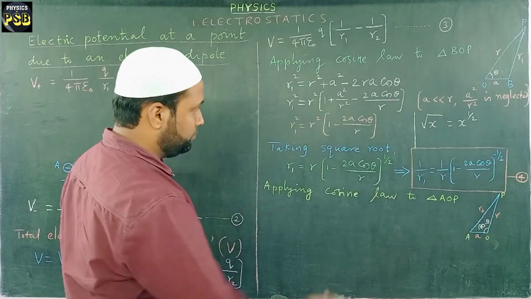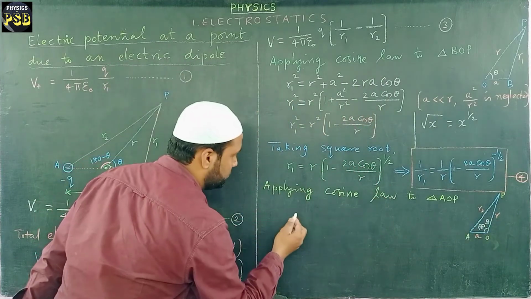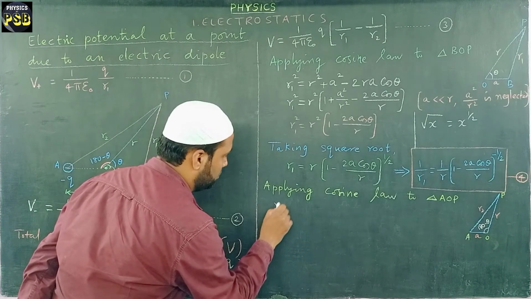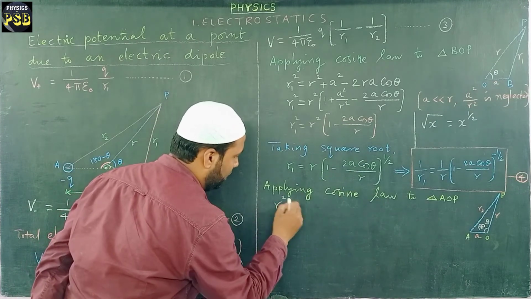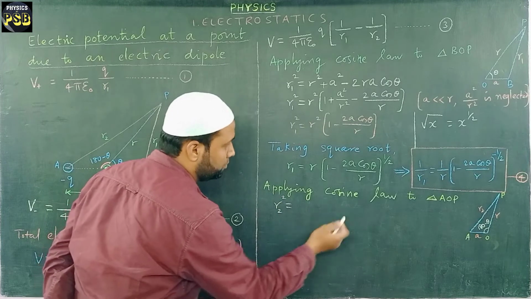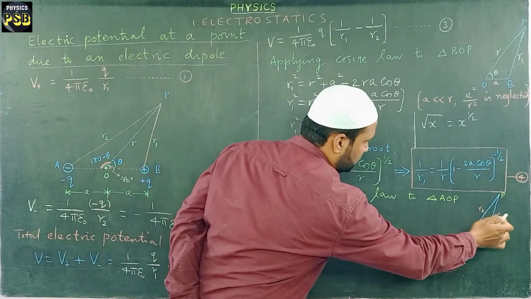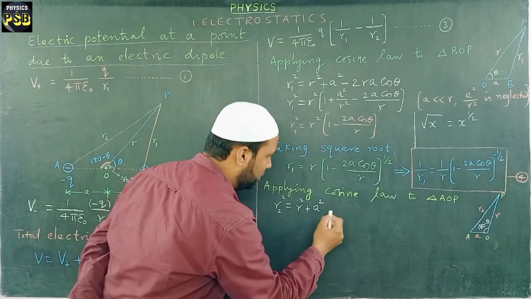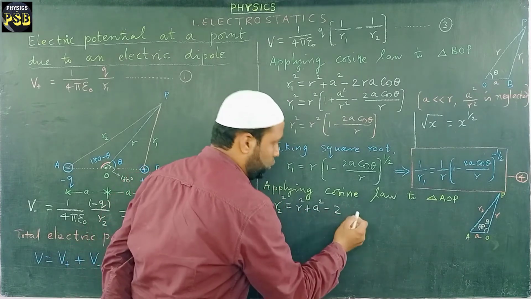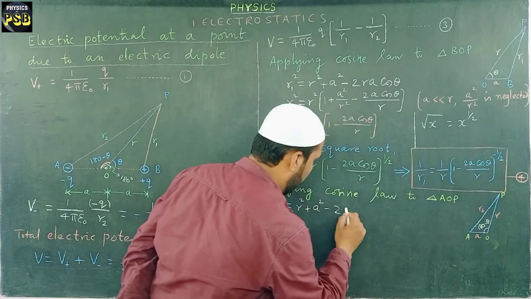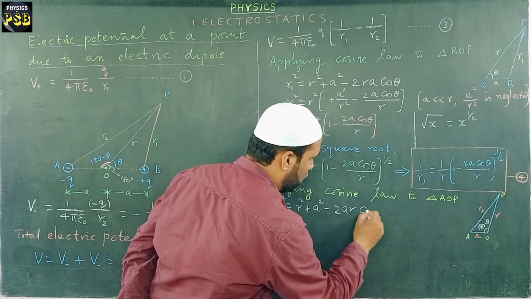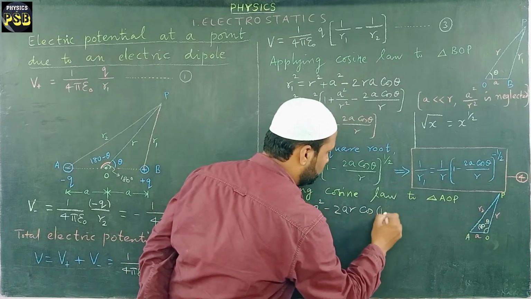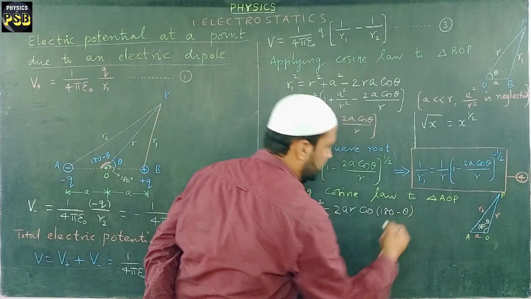I start with that: I square the opposite side. R2 square is equal to the sum of the squares of these two sides, R square plus A square, minus 2 into AR, then cos of the angle. The angle is 180 minus theta.